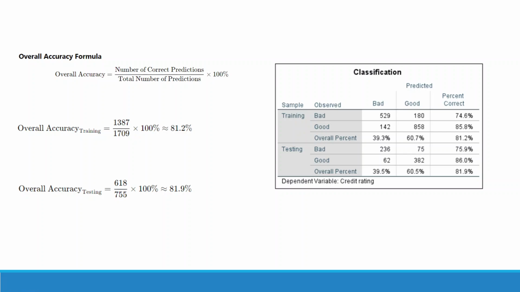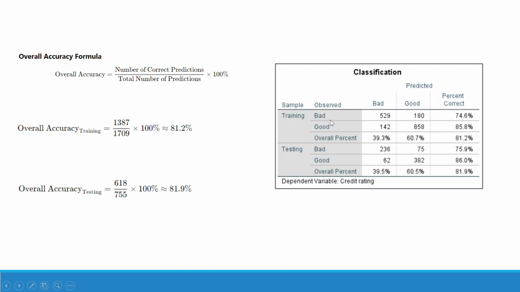Now let's understand the misclassification in the data. 142: the original, actual data shows good credit rating, but the prediction was that the customer has a bad credit rating. So 142 are such cases. Let's see this one.